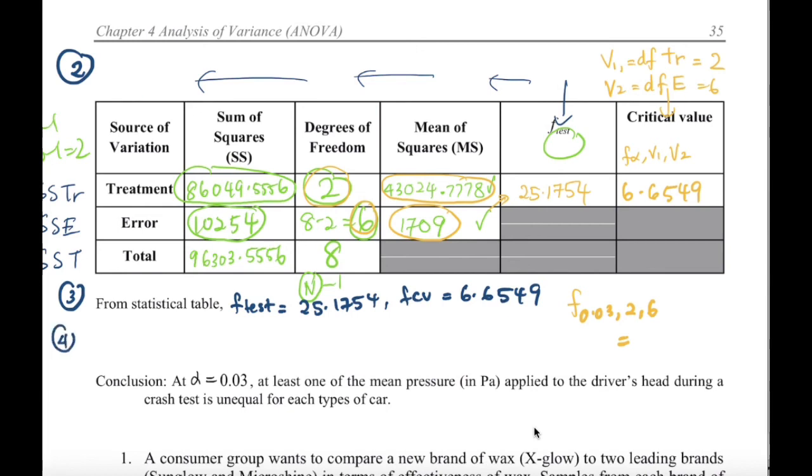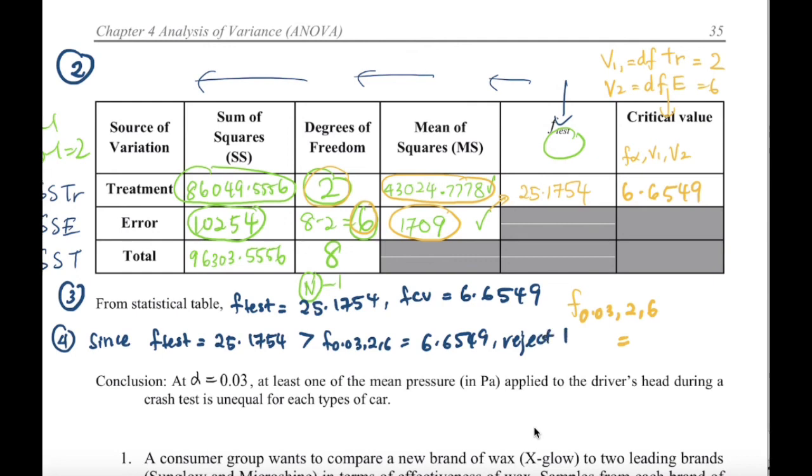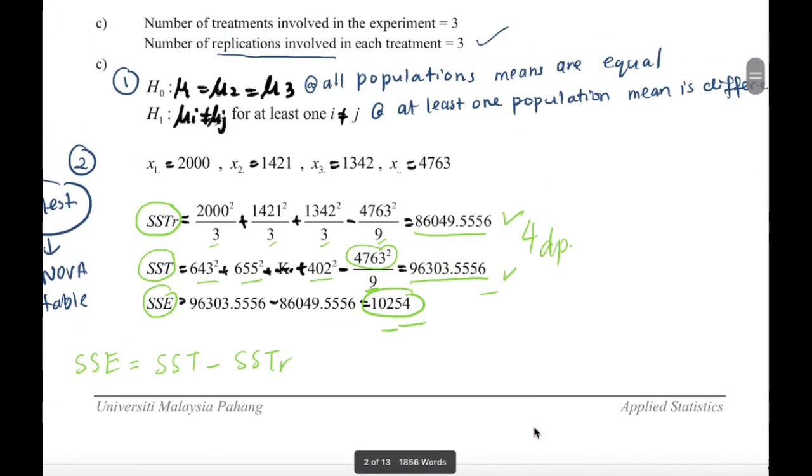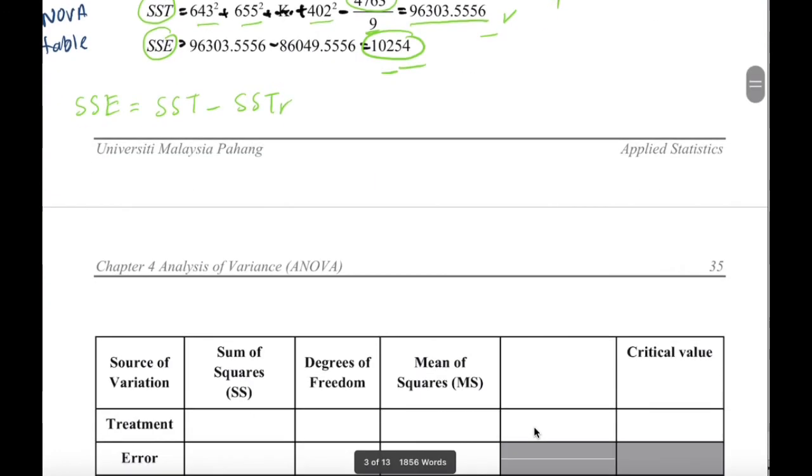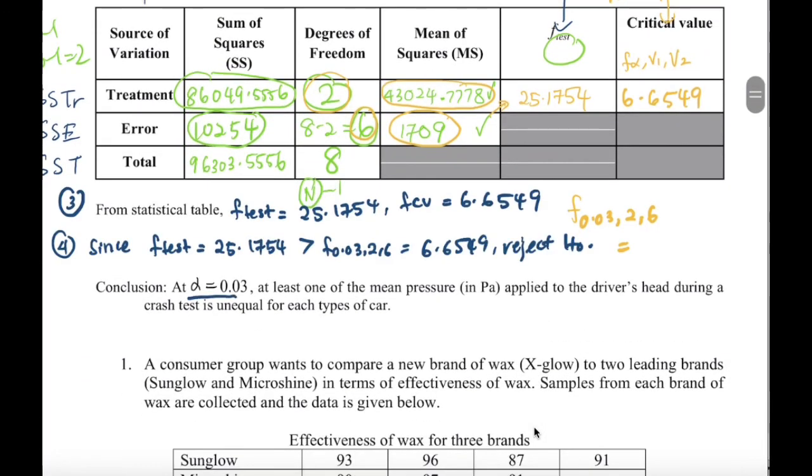Step number 4: since the F test 25.1754 is greater than the F critical value 6.6549, you have to reject H null. If you reject H null, at least one population mean is different. So at alpha 0.03, at least one of the mean of the grade is different.